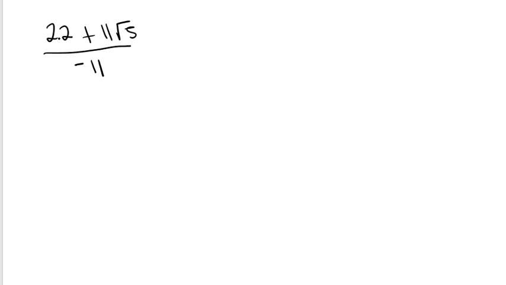With what we are having here, we can still move on and simplify this. So we can have 22 over minus 11, plus the same 11 root 5 over minus 11. We'll simplify this further, and that gives us minus 2, because the 22 and 11 cancel.